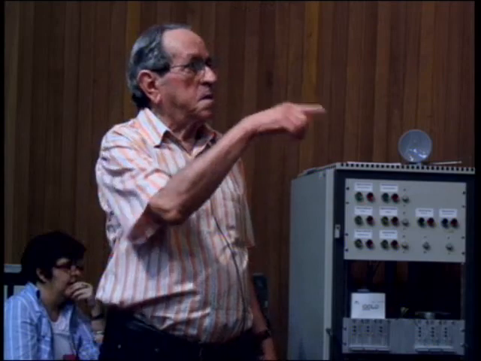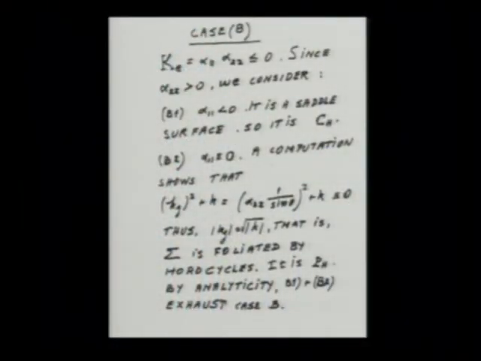It means that the curves are horocycles. That's precisely the condition that it is a horocycle. See, the root has to appear because the square is equal to k, since one is a surface curvature and the other is a curvature of the curve.